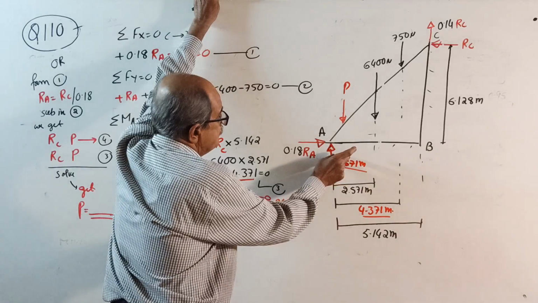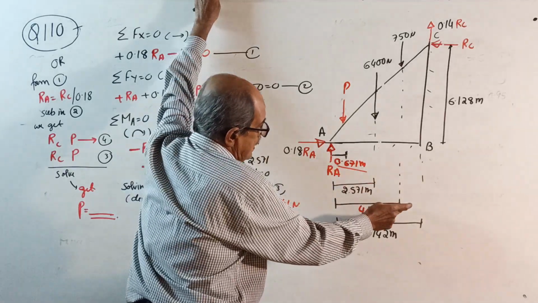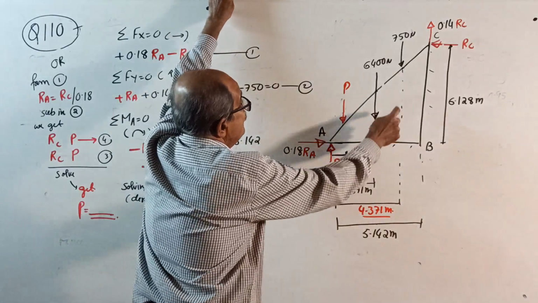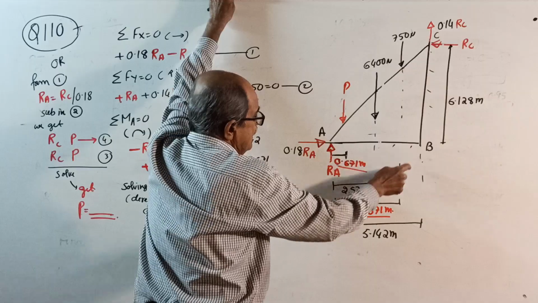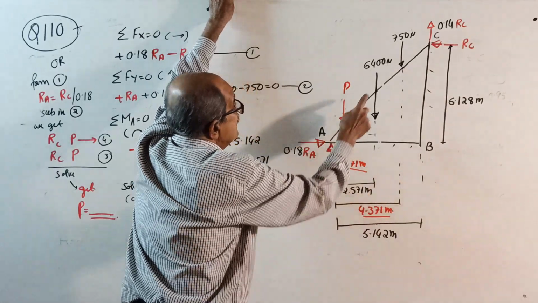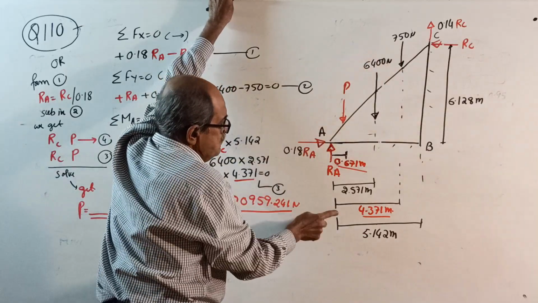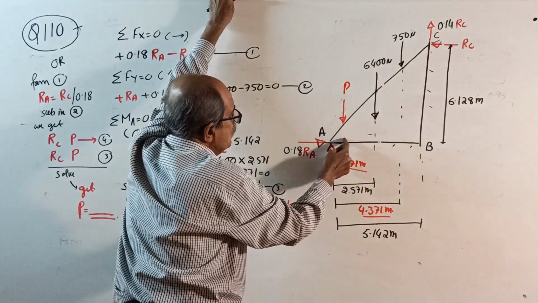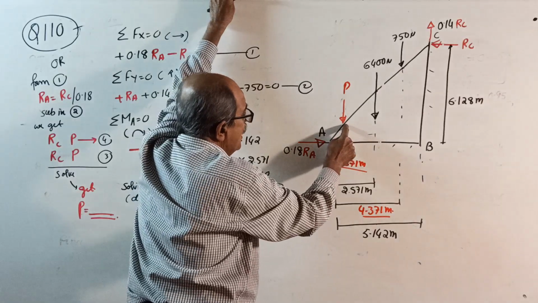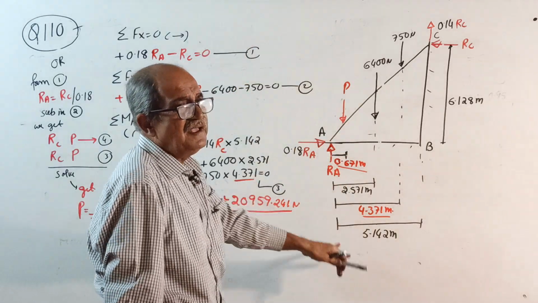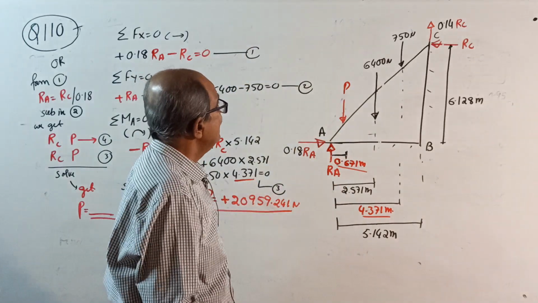Remember, 0.671 and 4.371 are calculated values. This is where the man is standing horizontally from here. They told this distance, we got this distance, and then we got this distance. Because of the height 0.8 meter, you got 0.671 meter. This is already explained.